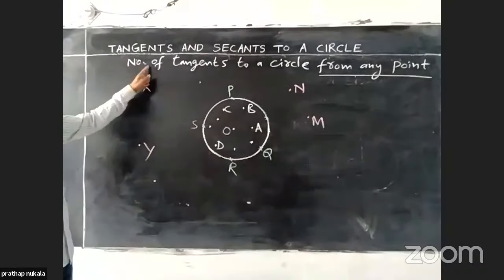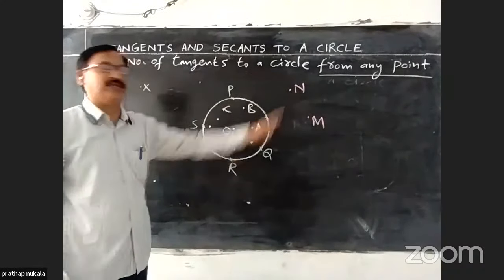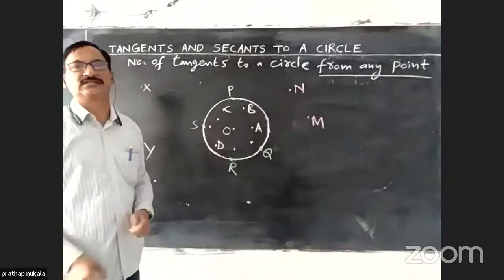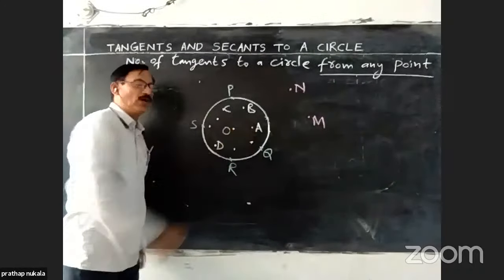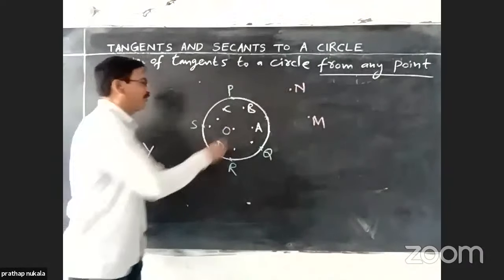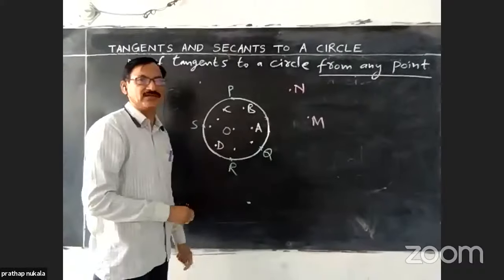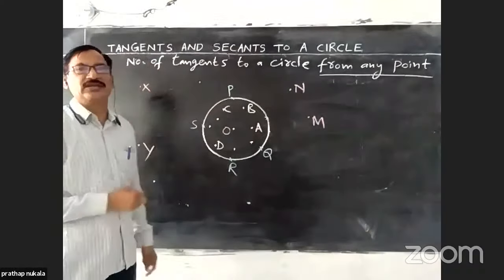Now we have to discuss how many tangents can exist from all these types of points. From interior points, how many tangents can exist? For example, if we take the interior point A, how many tangents can exist through A?